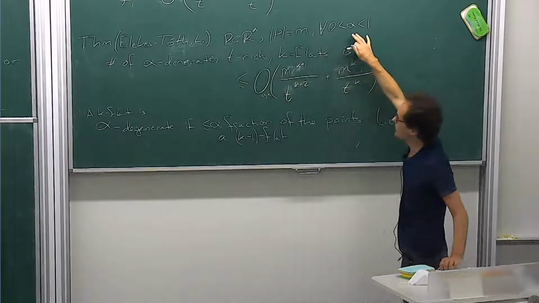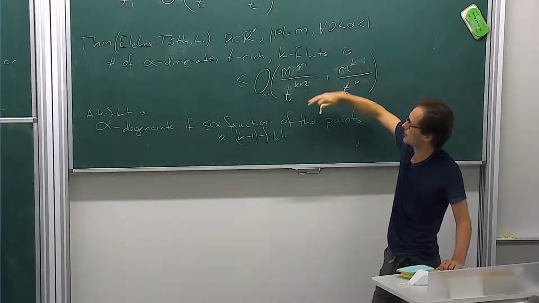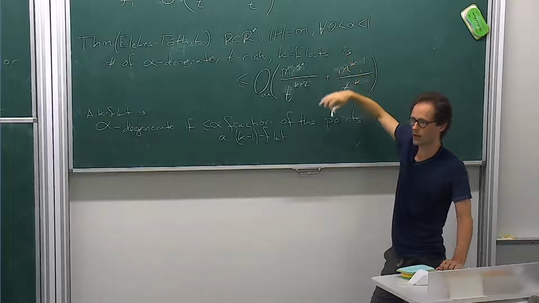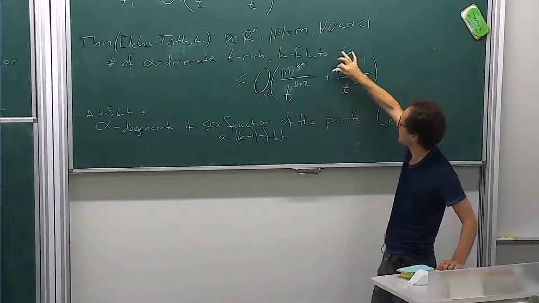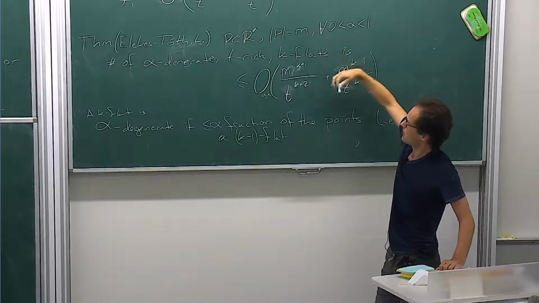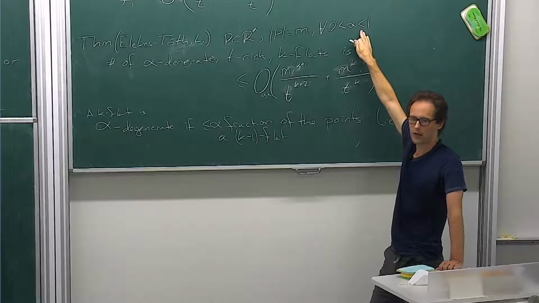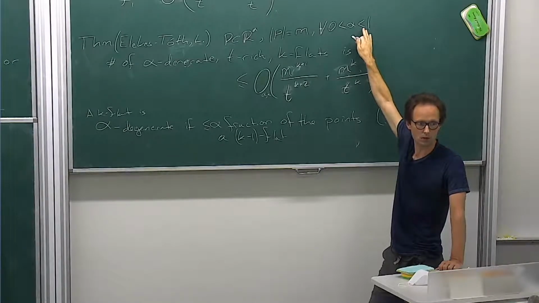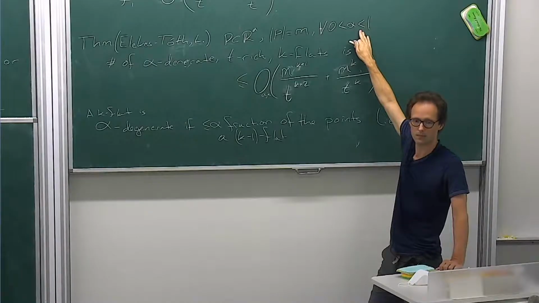when Elekes and Tóth proved this theorem, they had exactly this theorem for k equals 2. So a kind of three-dimensional case where we're thinking about points and planes in 3 dimensions, they have exactly this theorem. And then in higher dimensions, they had an upper bound on alpha that depended on the dimension.